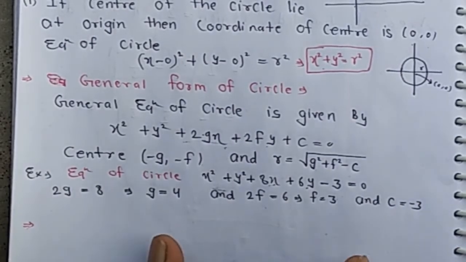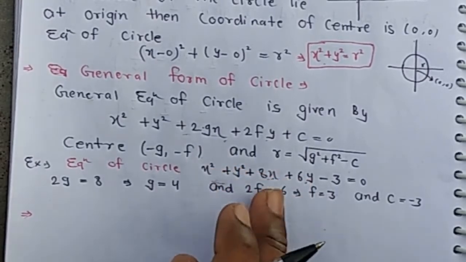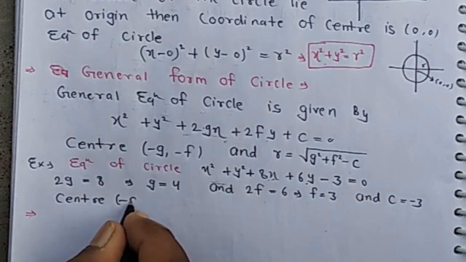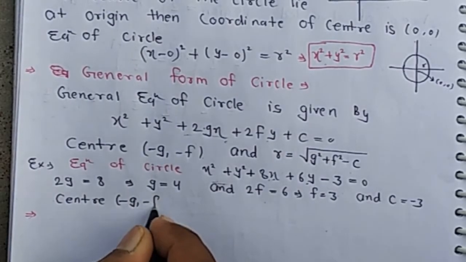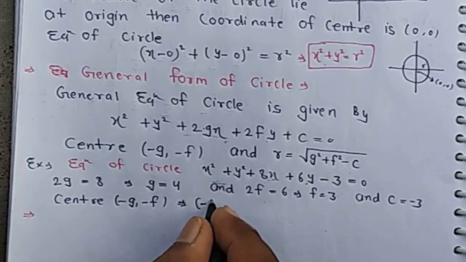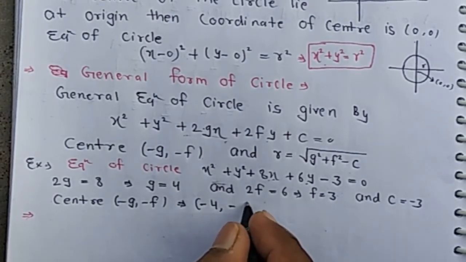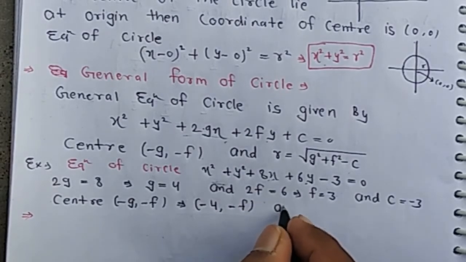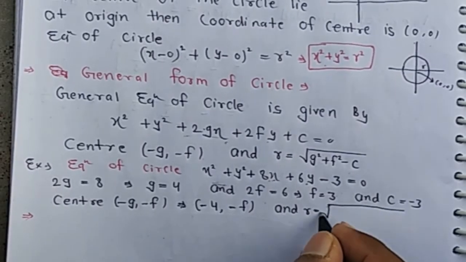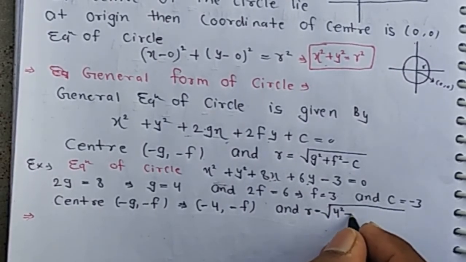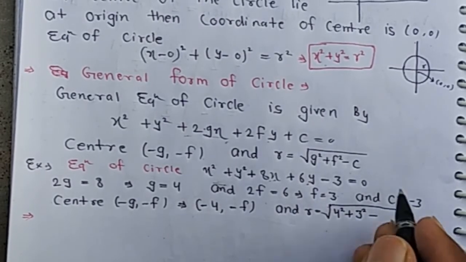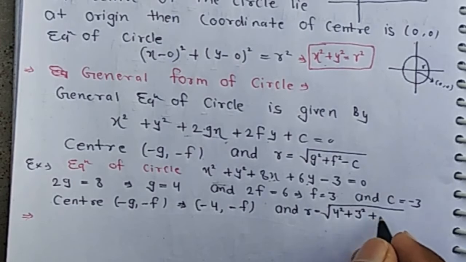Then center of this circle is minus g comma minus f, that is minus 4, minus 3, and radius is square root of g square, means 4 square, plus f square, means 3 square, minus value of c, which is negative, means it is plus 3.